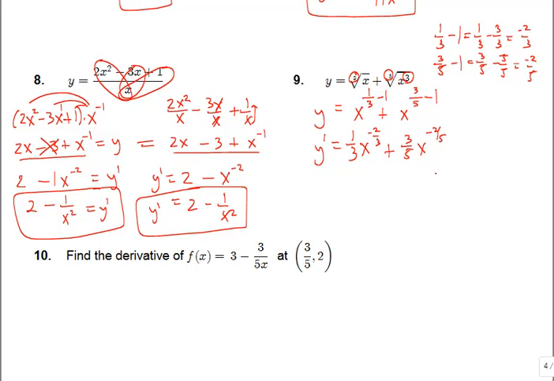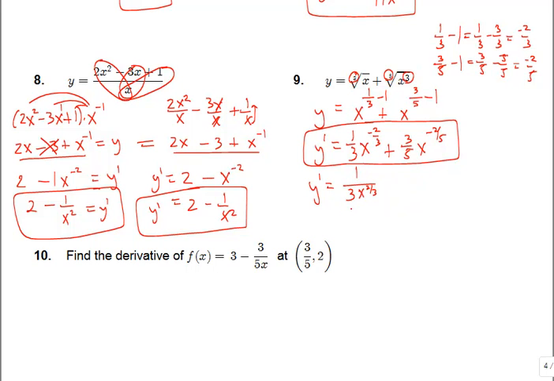If it was just the question of take a derivative and then you're done, then I would stop here. But if you need to do something with this derivative, then I would strongly recommend that you rewrite this back in terms of radicals. So let me show you how to do that. So here's one correct answer. But if I rewrite it, I'm going to take this 1/3, and I'm going to put a 1 on top and a 3 on the bottom, and then I'm going to move this x to the 2/3 back down to a positive.